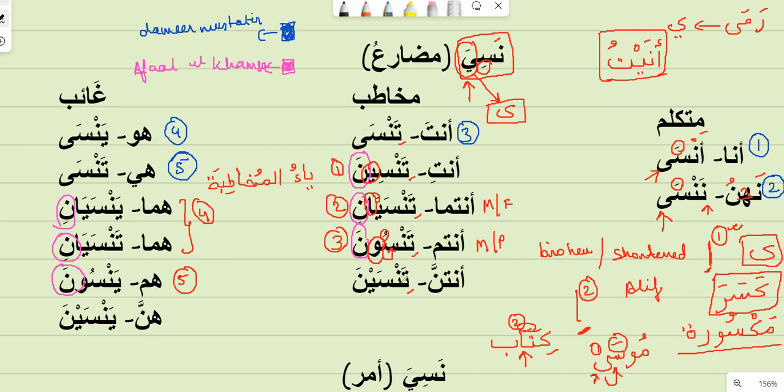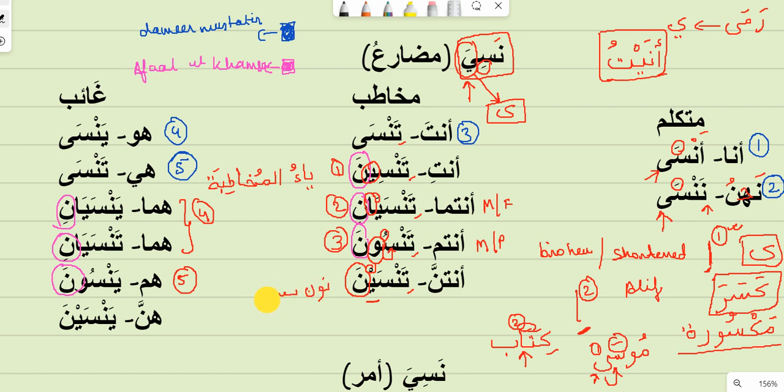Tansaina. Usually tansaina comes back with the ya and sukoon. Where is the damir? The damir is noon with fatha, and this is called noon niswa.